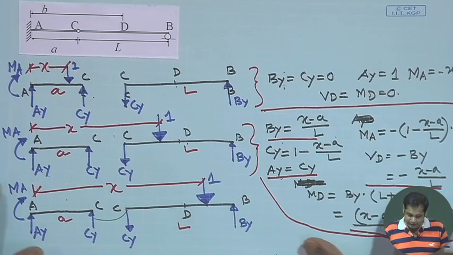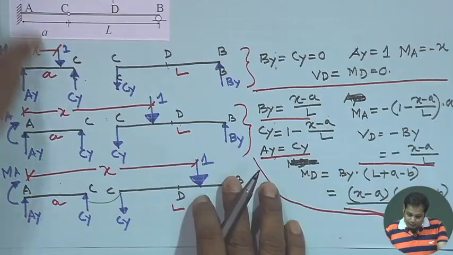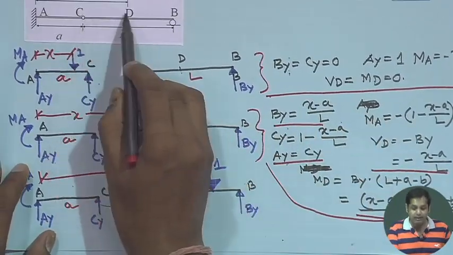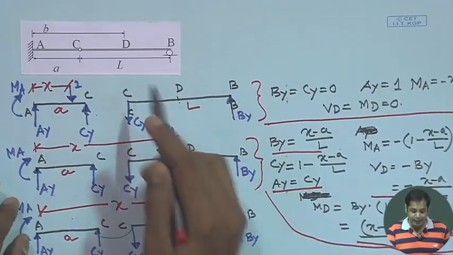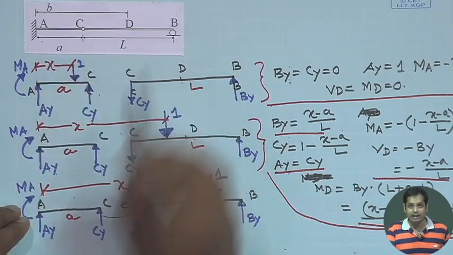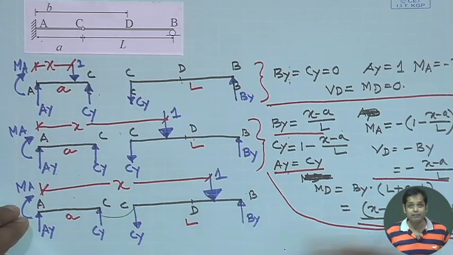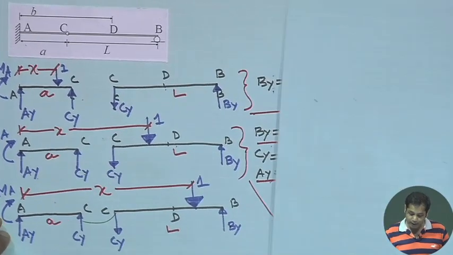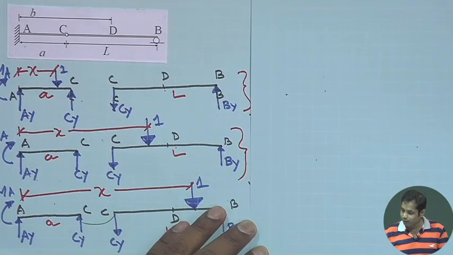So, when the unit load is between C and D and when it is between D and B, in both the cases the expressions for support reactions will remain same. Only change will be the moment at D. Now, how to determine moment at D?